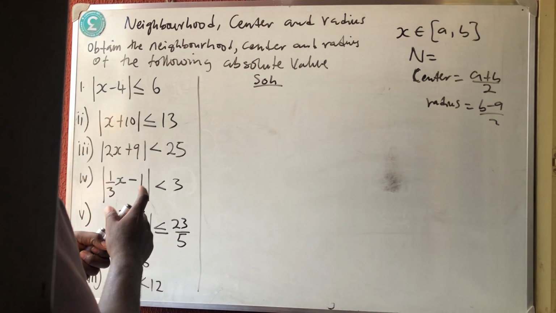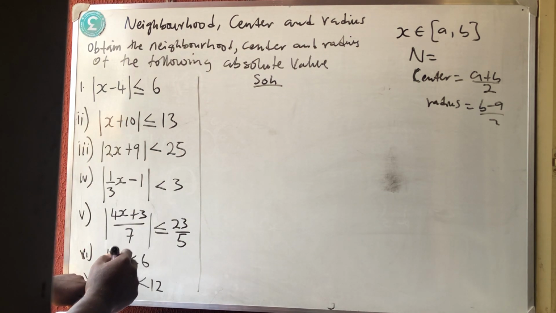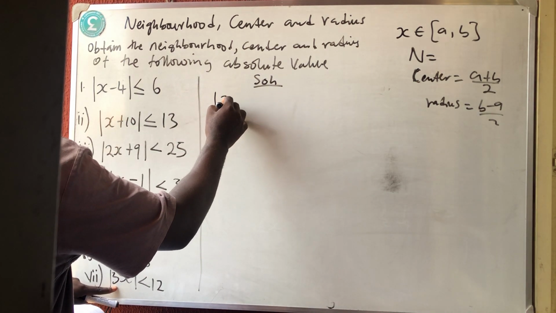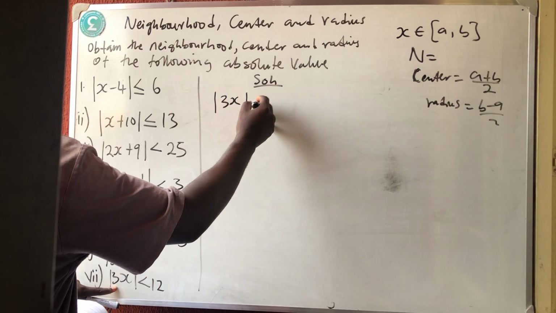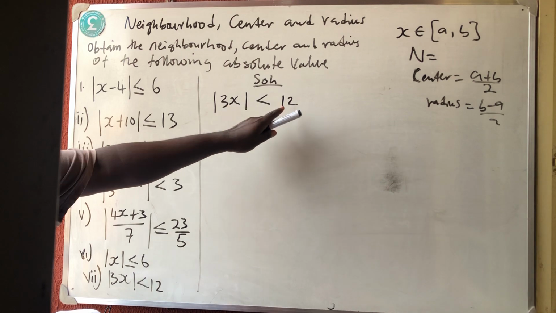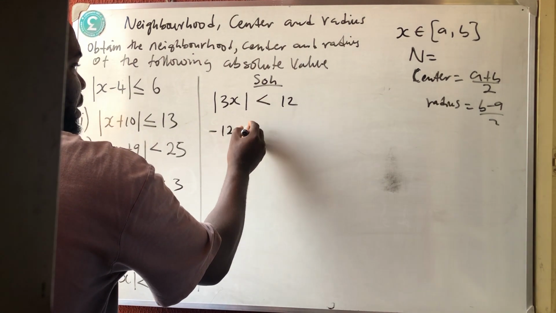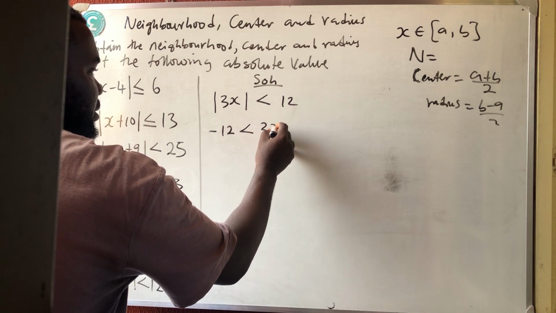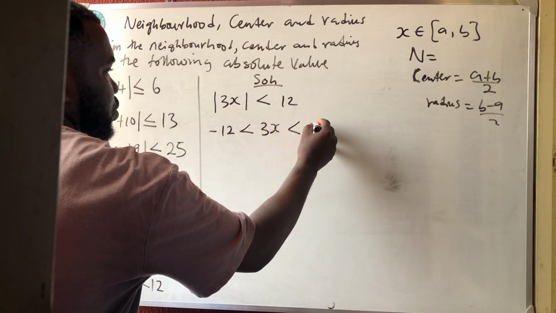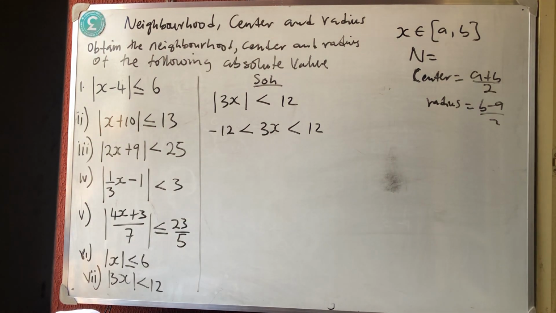Now whenever you are given an absolute value like this, let me start from the simple one. This one, I have the absolute value of 3x is less than 12. To remove the absolute value, put the negative the other side. You will say -12 is less than 3x, which is still less than 12. If you have the negative this side and the positive this side, you have removed the absolute value.